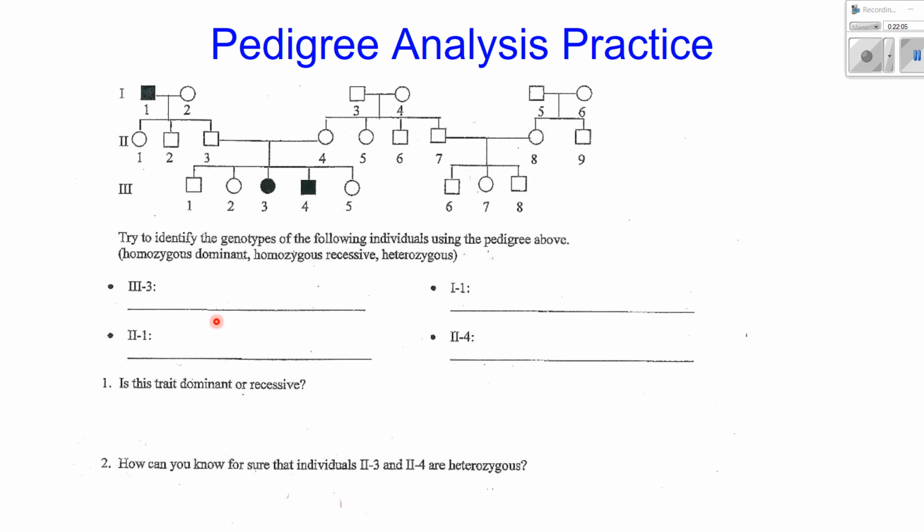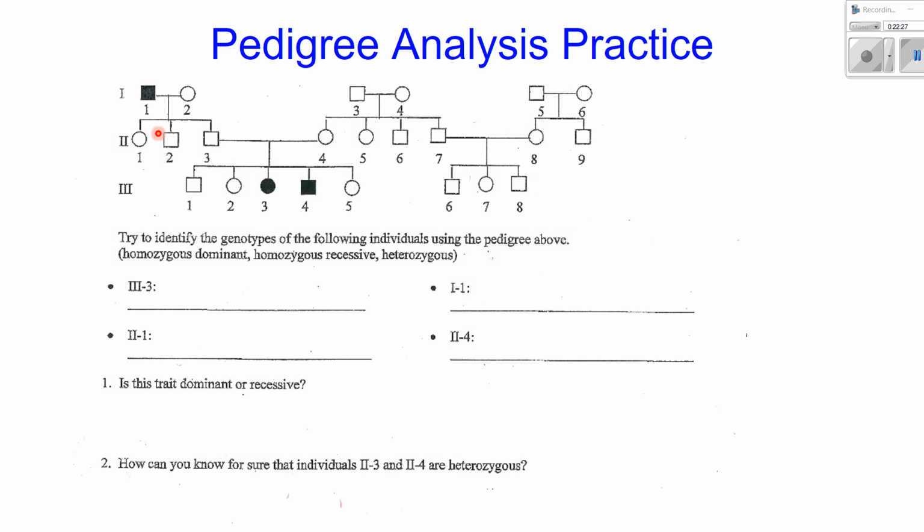And then I want you to figure out the genotypes of each of these 4 individuals. 3-3 would be this lady right here. 2-1 would be this lady. 1-1 is this man right here.